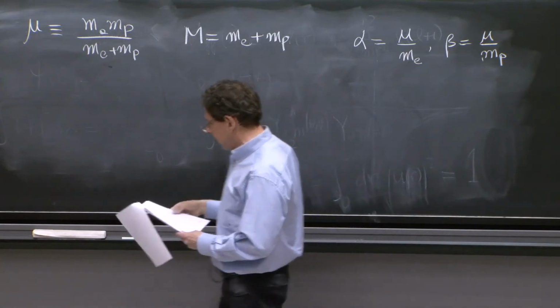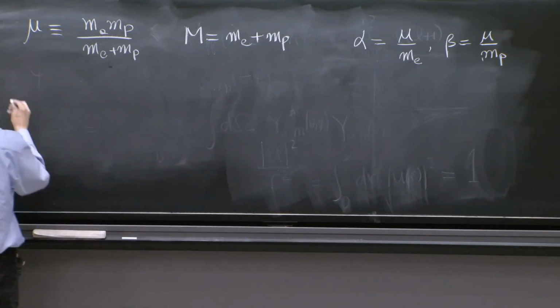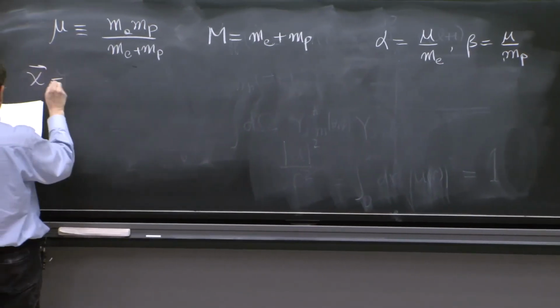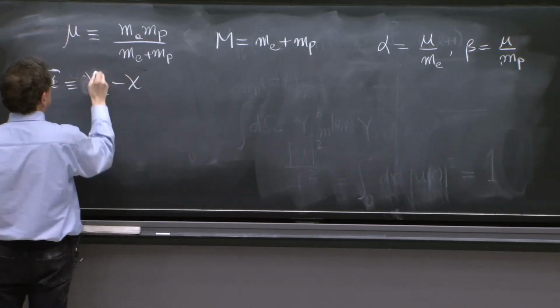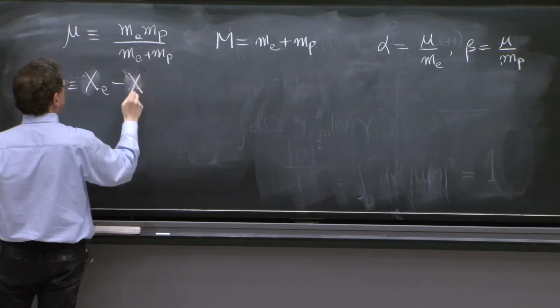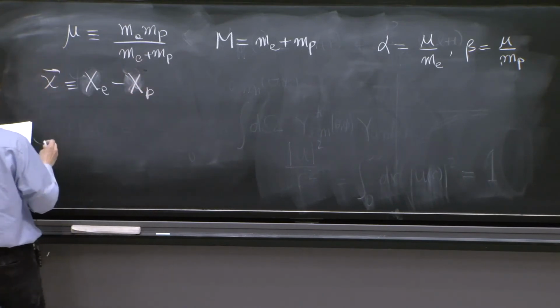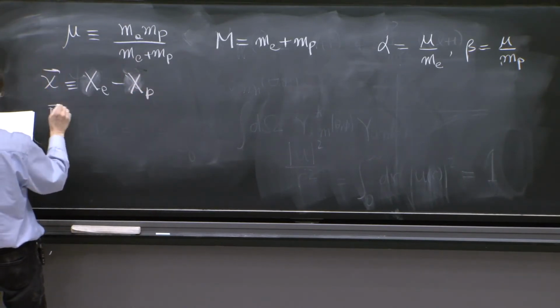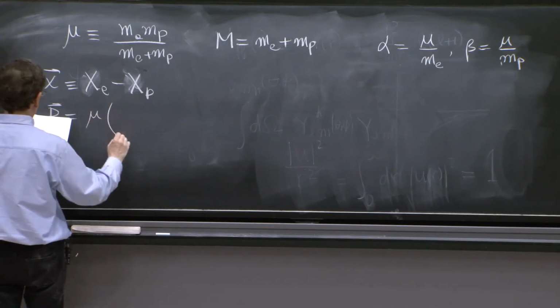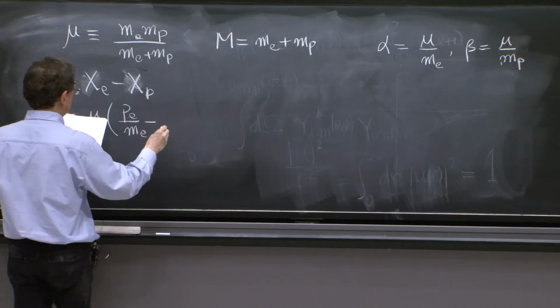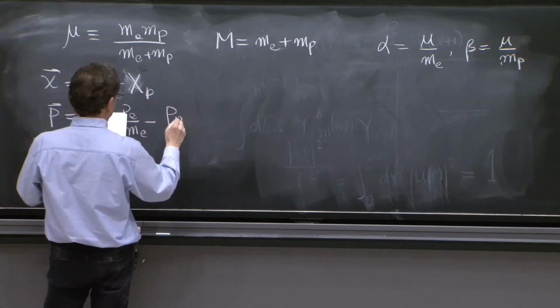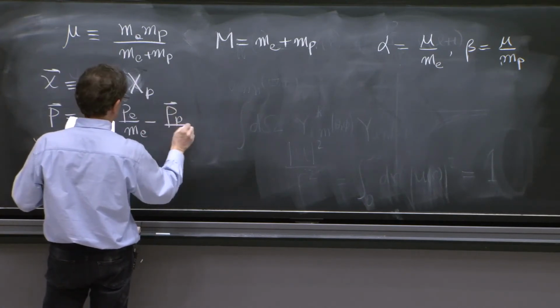Those are unit-free constants. So summarizing, the second pair of canonical variables are x_e minus x_p, and p equals mu times p_e over m_e minus p_p over m_p.